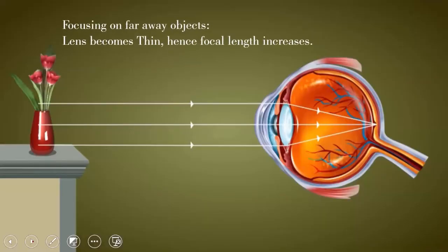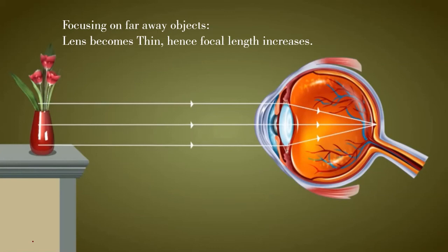Now, focusing on far away objects, the lens becomes thin. Okay, when focal length increases, let's consider a scenario where we have to focus light rays from far away. What will happen? Light rays will come parallel. As you can see, with this flower pot, these light rays are coming parallel.